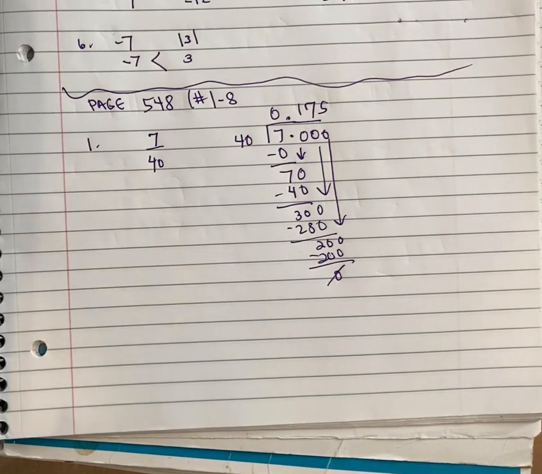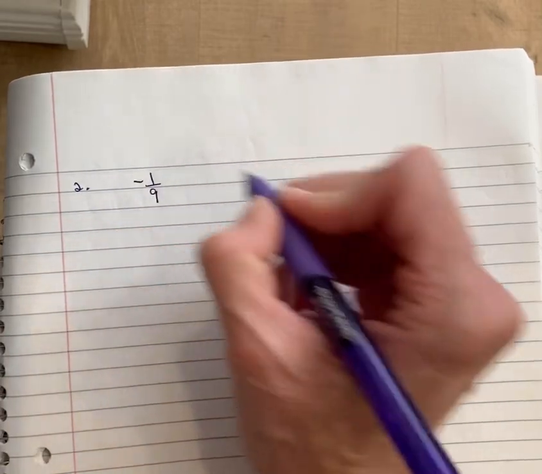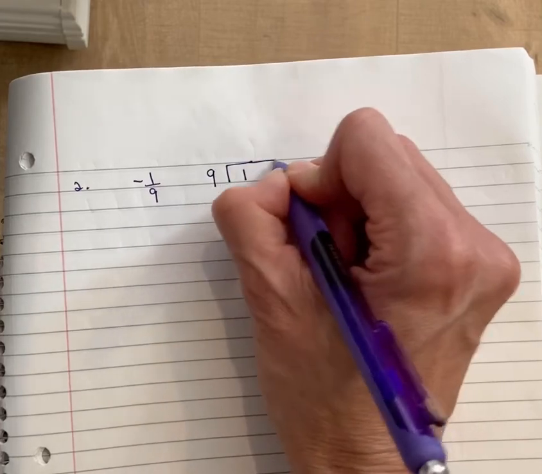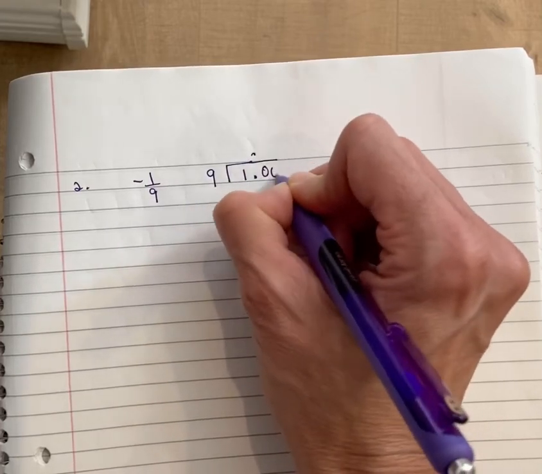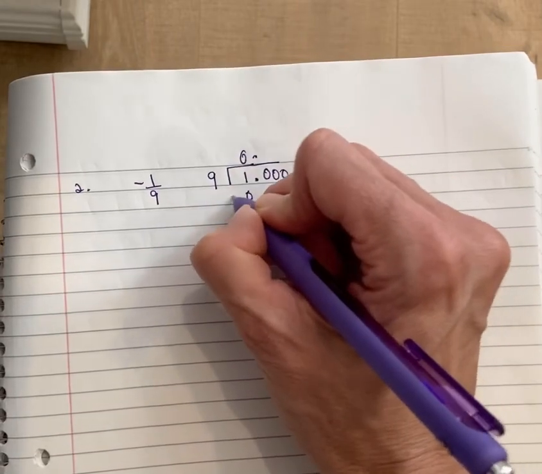Okay, number 2. -1/9. So same idea, numerator divided by denominator, decimal hop 3 zeros. 9 goes into 1 0 times.